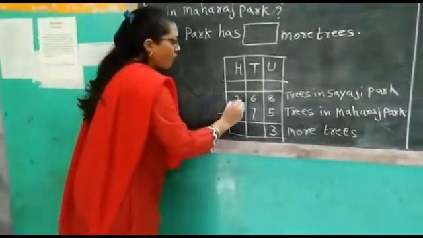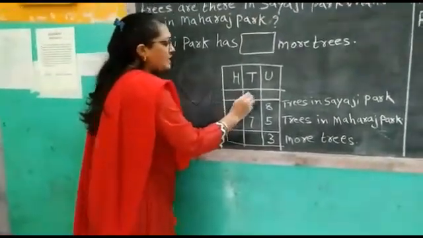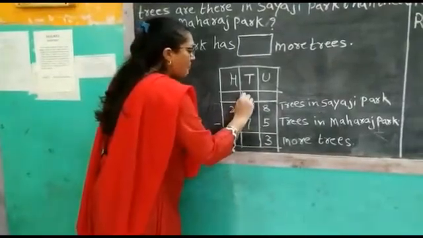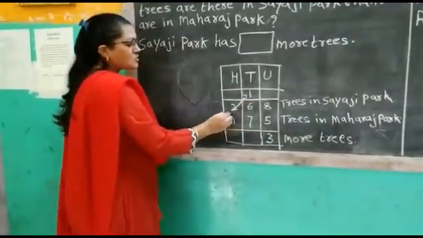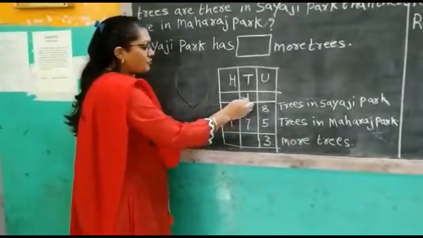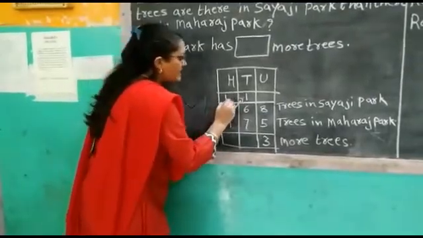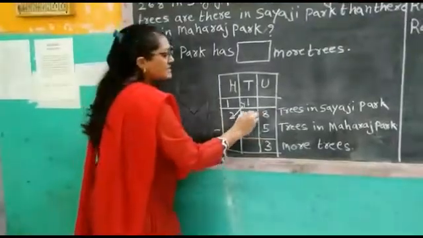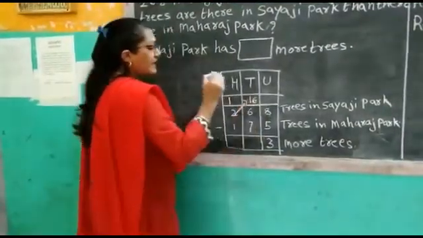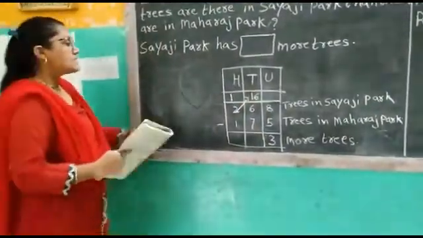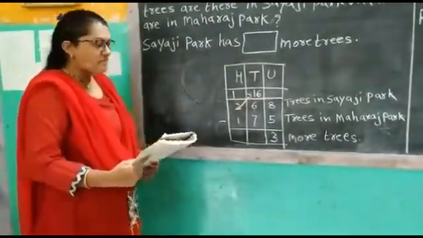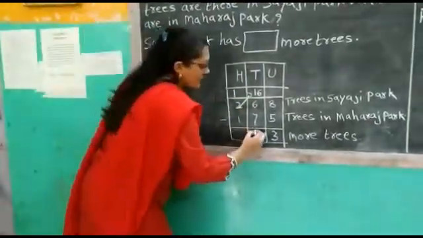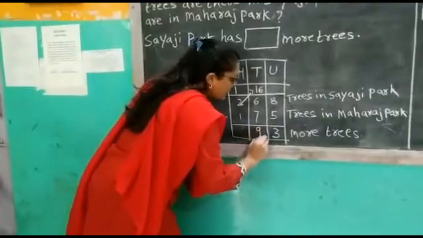Again we will borrow 1 from this 2. So when we borrow 1 from this 2, again I will write here 1 in 100 place. And this 6 I will take in the tens place. So 16 minus 7. What will be the answer, children? Your answer will be 9.